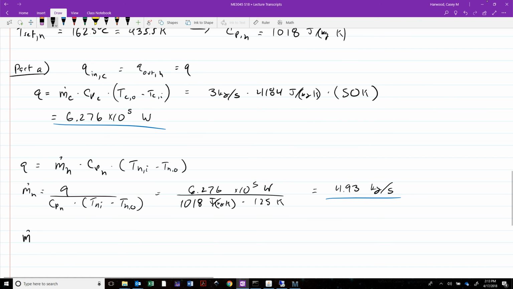So the mass flow rate of the hot air flowing through the system is nearly 5 kilograms per second, which is actually a huge number when you consider how lightweight air is. Remember, this is a big volumetric flow rate.